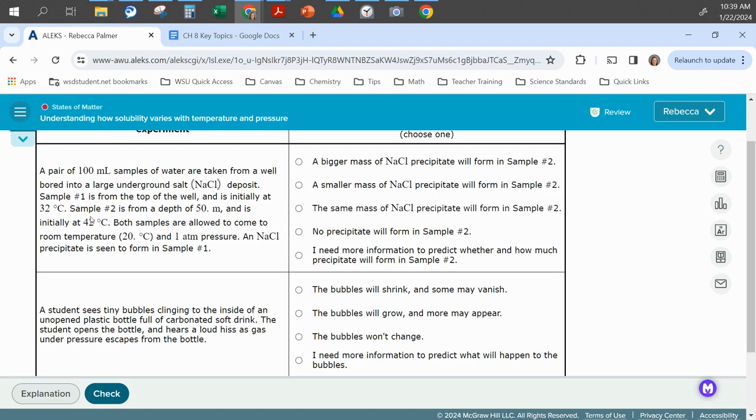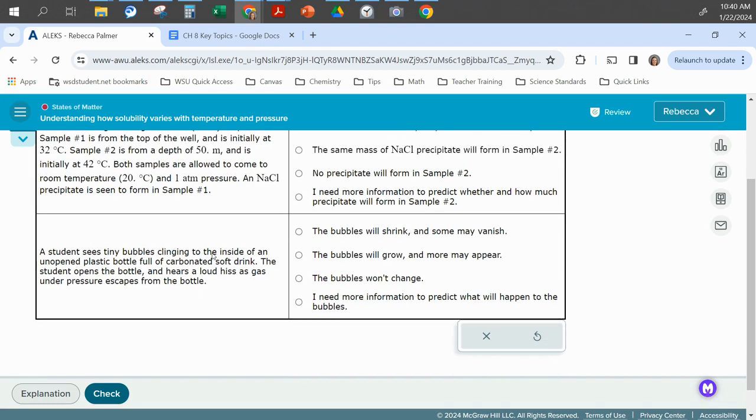This one cooled down more, so because it was initially warmer, more salt could dissolve. So we're going to expect more precipitate in sample 2 because it cooled down more. It was at a higher temperature, more salt could dissolve, and then they came to the same temperature. So I'm expecting a larger sample of salt from sample 2 in this example. Yes. Okay, next question.